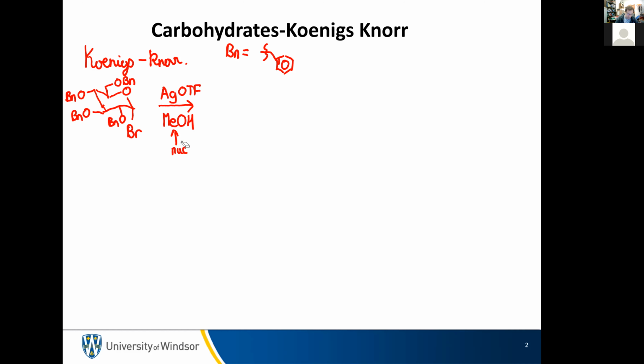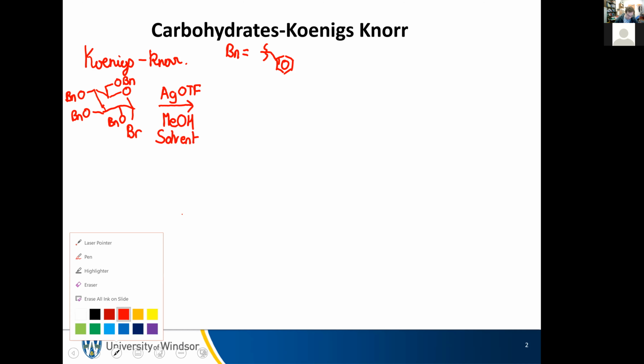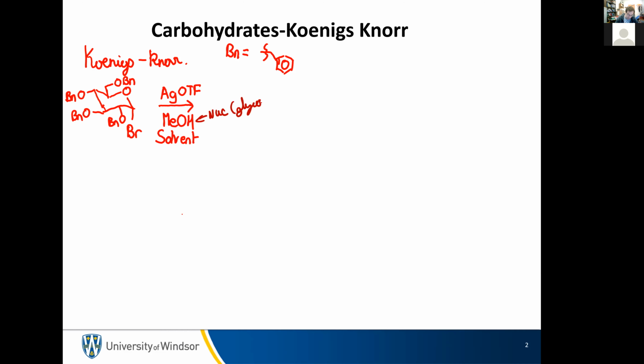Methanol is not your solvent, it just is your nucleophile. So that's your nucleophile or glycosyl acceptor. This is your promoter, using the terminology we covered last class. This is your glycosyl donor.